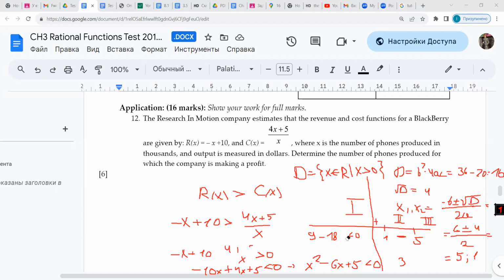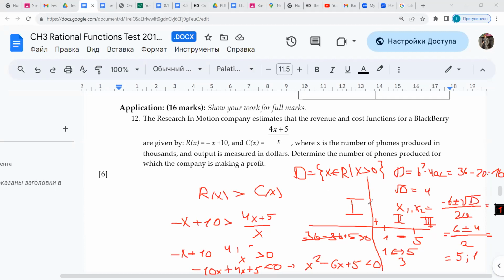Let's substitute 6 in there and see what happens. Substituting 6 would give us 36 minus 36 plus 5, which is greater than 0. 36 minus 36, we're left with plus 5, and on the third interval, the function would be positive, which brings us to the conclusion that the number of phones produced for the company to make a profit should lie between 1 and 5,000 phones, right?